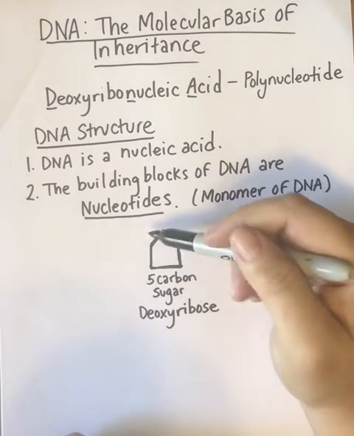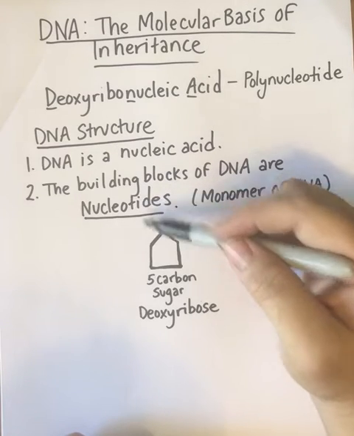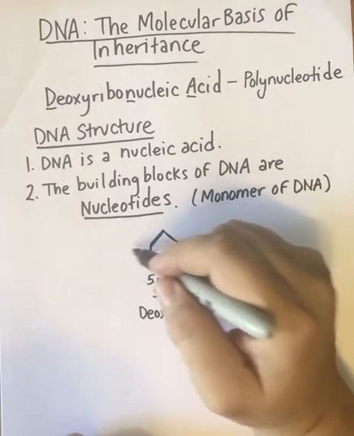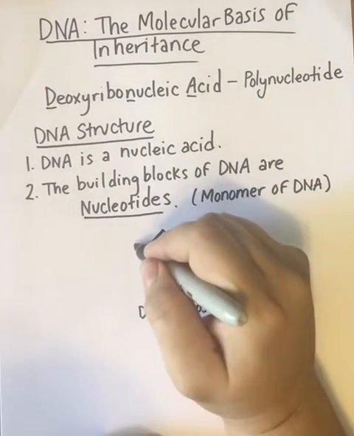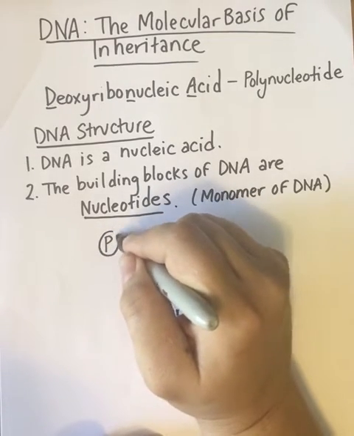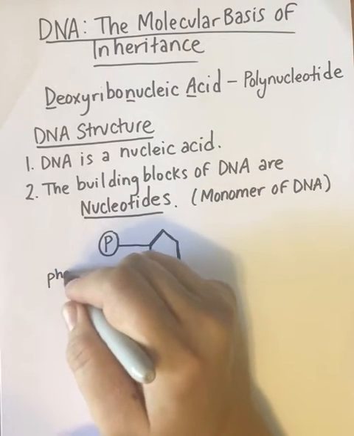Now, this is basically the centerpiece. So nucleotides have a 5-carbon sugar, deoxyribose. Coming off the left of it, it is physically bonded to a phosphate group, which we just draw as a circle. This is what we call a phosphate group.